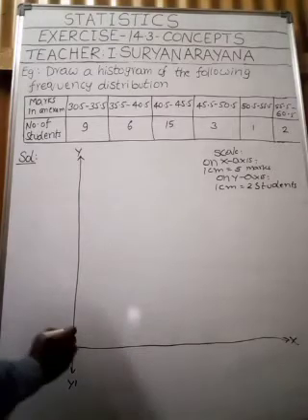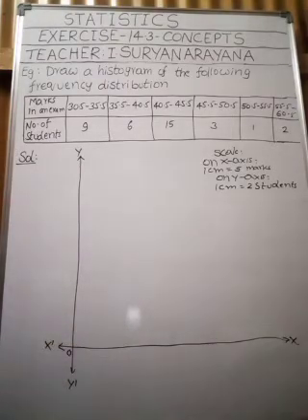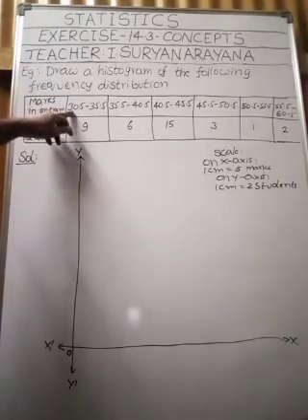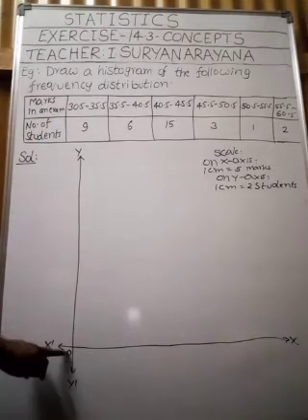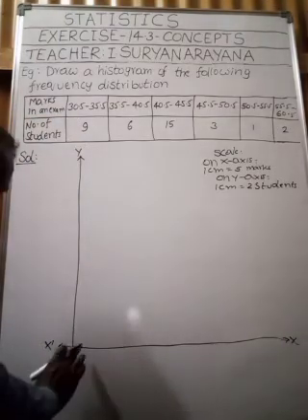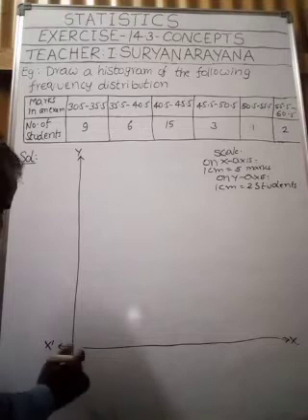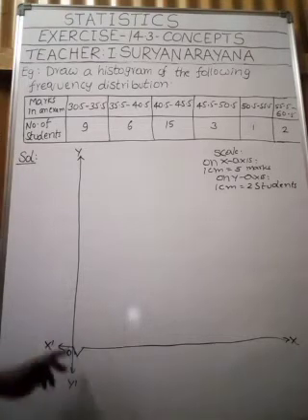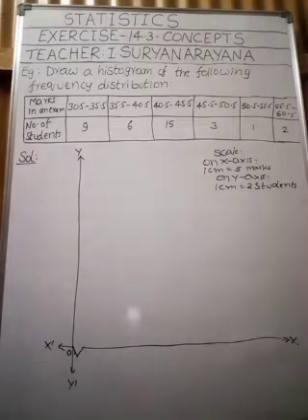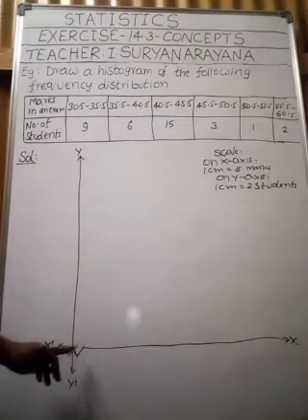Okay, my children. Moreover, the first class interval is not starting from 0, but here is origin. So we have to draw a break, a kink like this. Just we have to cut that point like this, a short break.